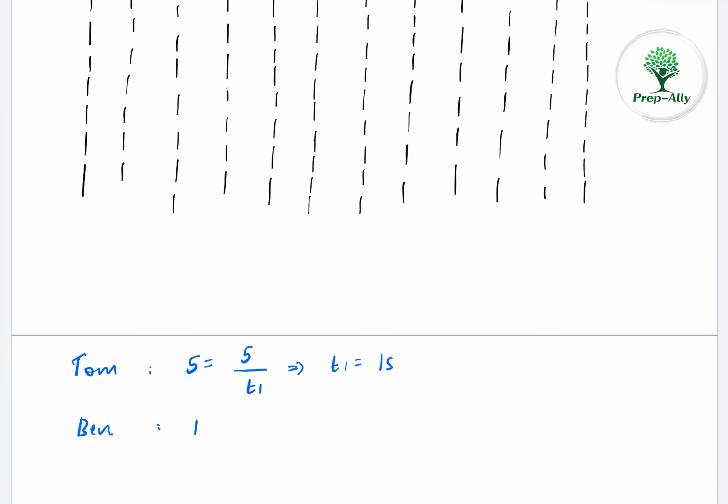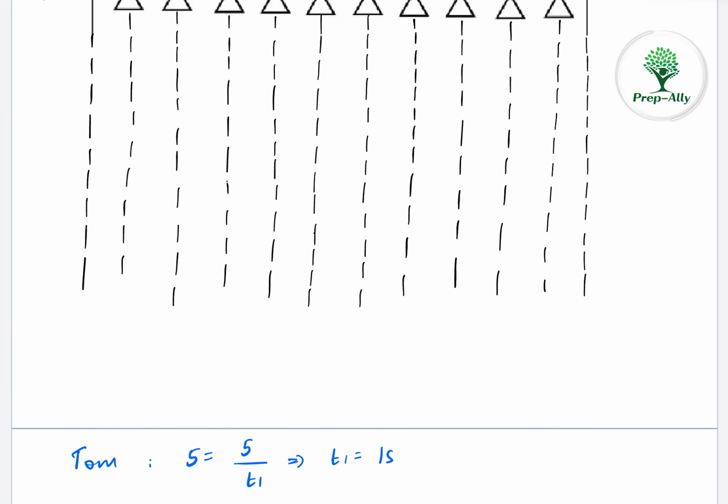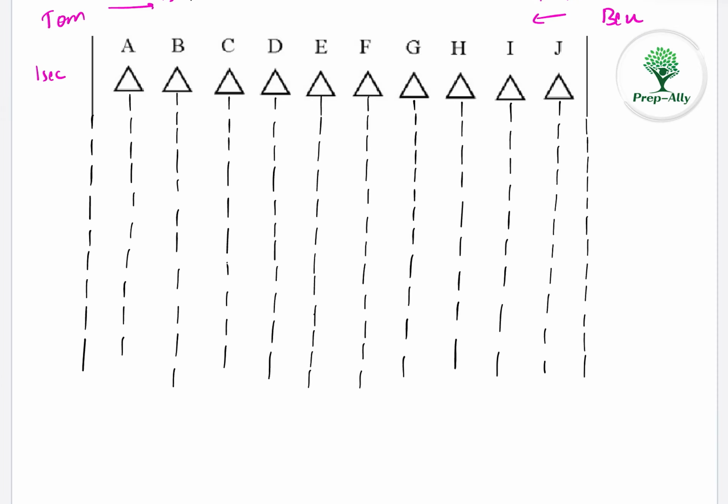Then Ben, his speed is 10 meters per second. Separation is 5 meters. He'll take, say, a time of t2. Then t2 is 5 by 10, 0.5 seconds. So now we know how much time Tom and Ben will take. Tom takes 1 second to go from the start line to one cone or from one cone to the next, whereas Ben will do the same in just half a second.